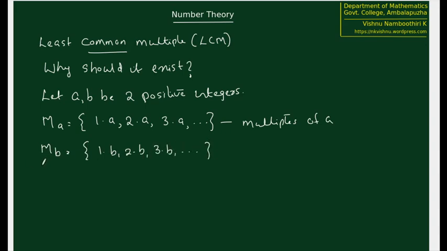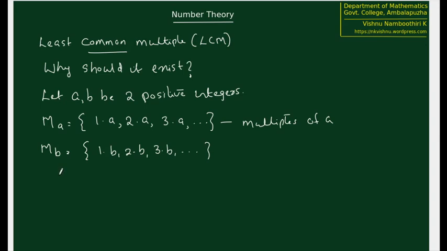Now the question is, can we find the intersection of these two sets to be non-empty? Of course we can find the intersection, but what is the guarantee that the intersection is going to be non-empty? Only then will we be able to take something common. Note that b is a positive integer and a is also a positive integer.